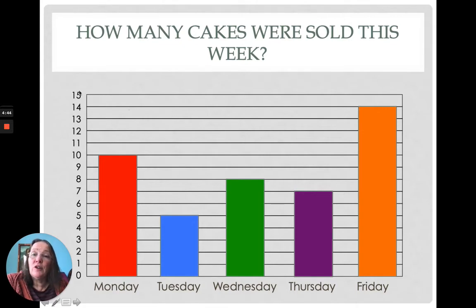When you're doing a bar chart, remember, always make sure your numbers go up at least as far as your biggest bar is going to be. That's quite important, otherwise you might run out of space. Very important to keep it nice and clear and straight, so you will need to use your rulers for this.